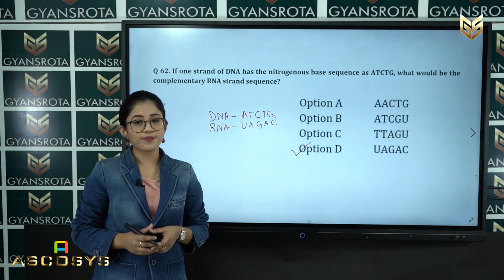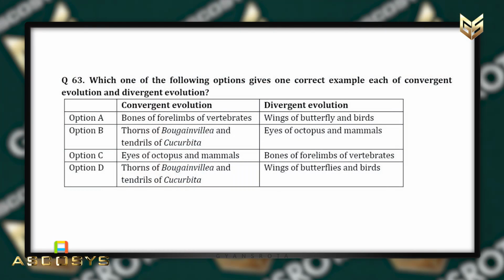Now let's see the next question. That is question number 63. Which one of the following options gives one correct example each of convergent evolution and divergent evolution? Now, in this question you can see there are 4 options given. Now, in the option number A, it is written bones of 4 limbs of vertebrates is the convergent evolution and the divergent evolution is wings of butterfly and birds.